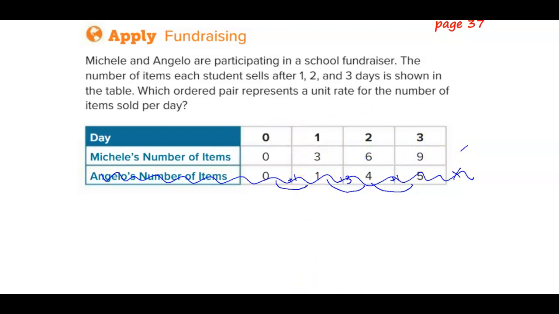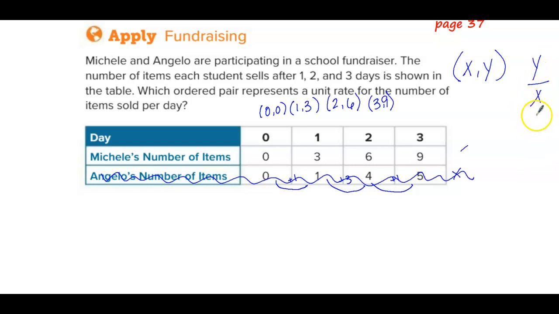Well, one way I could write this to make it simple for you is I could write these as ordered pairs. We have (0, 0). We have (1, 3). We have (2, 6). And we have (3, 9). Now, if the first number is x and the second number is y, and we write this y over x, which one of these would give us a 1 as we're supposed to have?